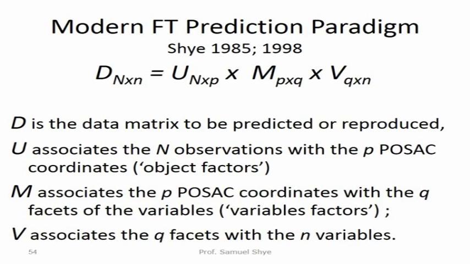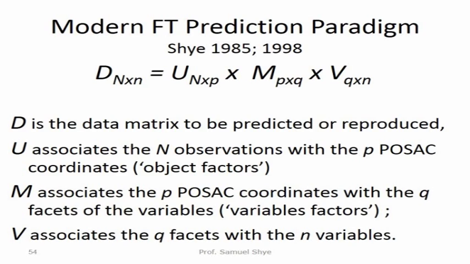Modern Facet Theory prediction paradigm says that D is U times M times V, where D as before is the data matrix, U associates the N observations, the people, with the P POSAC coordinate scales, which we can call the person factors, if you like.